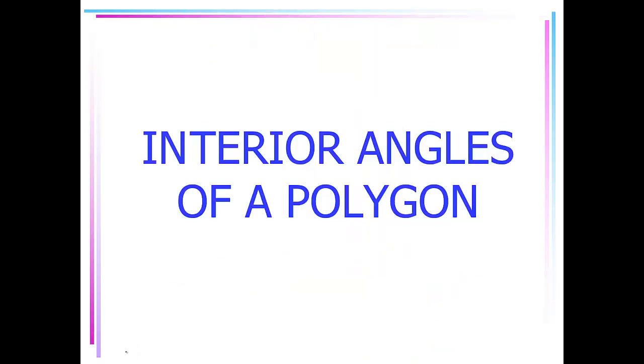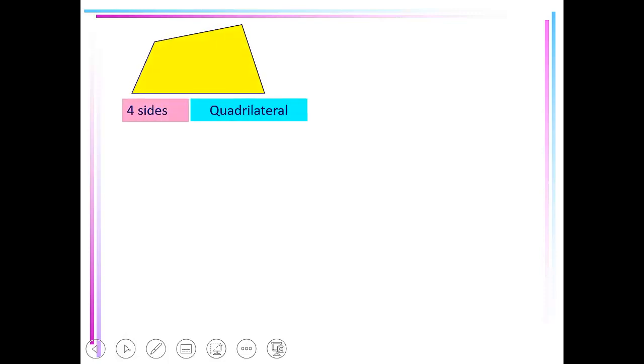Now, we said before that the interior angles of a polygon are the angles which are inside of the polygon. So let's have a look here. For example, I know that a four-sided polygon is called a quadrilateral. I want to know the sum of the interior angles of this polygon. So I'm going to draw a diagonal to divide it into two triangles.